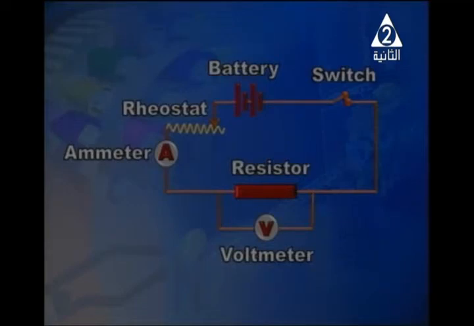Also, the potential difference changes. We'll repeat this step, and we'll plot a graph of potential difference versus current intensity, and we'll obtain a straight line that passes through the origin.